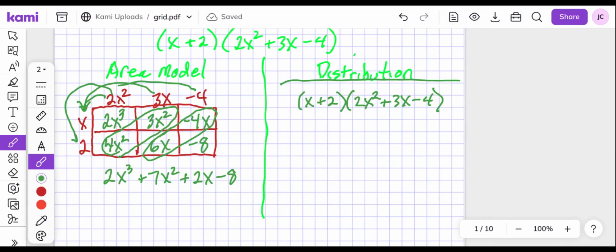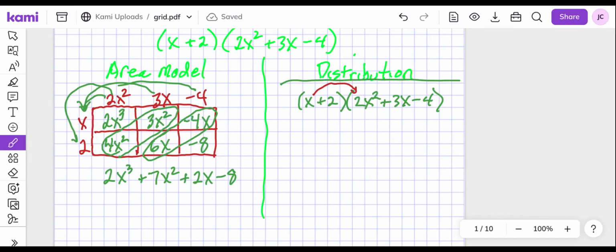So let's do that. I've got x times 2x squared, so I get 2x cubed. x times 3x plus 3x squared. x times negative 4, minus 4x. And then I do the number 2 the same way.